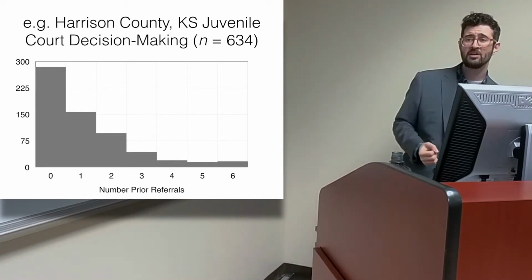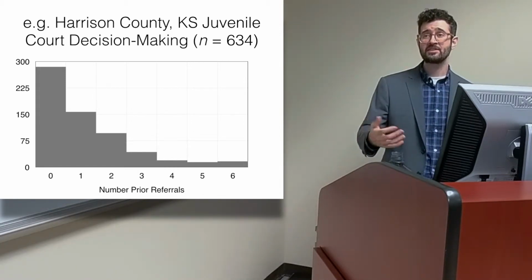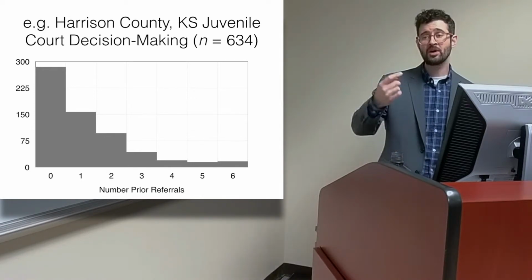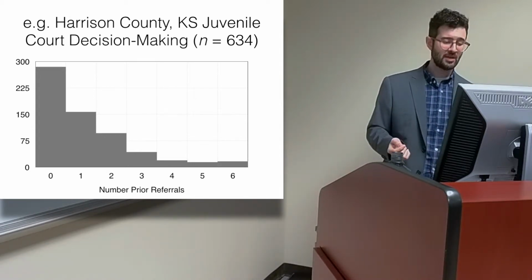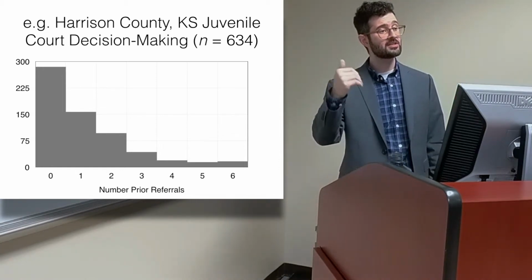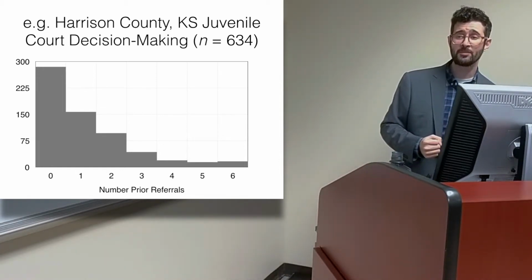The next bar shows the number of cases involving youth who had been involved in the court in the past 1 time. And we can see that there are approximately 150 youth who fall into this level.